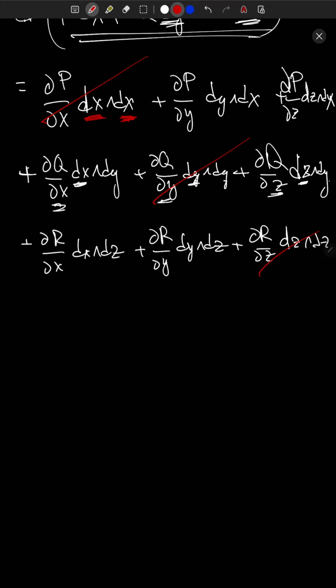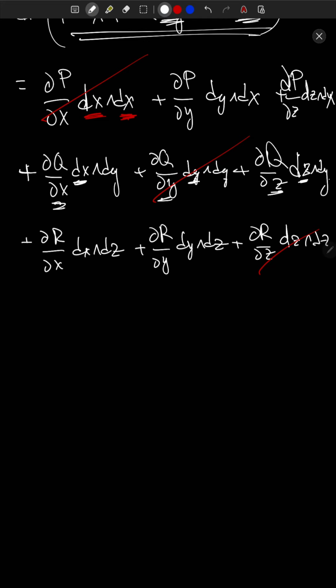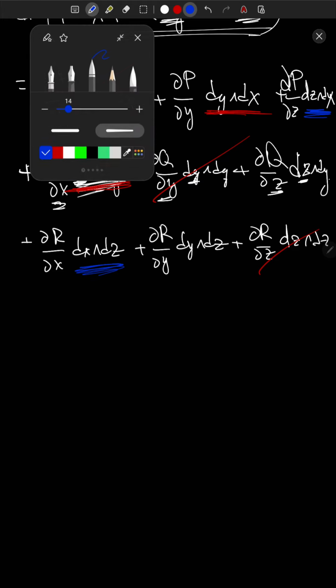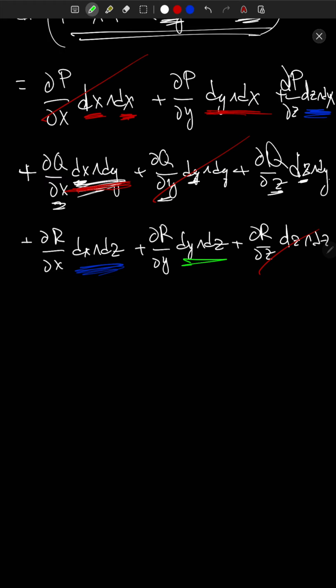Ultimately, we can combine a lot of the other ones too, because dx wedge dy can be combined with dy wedge dx, since dy wedge dx is the negative of dx wedge dy. Let me underline these. We can do it for these two. We can do it for dz wedge dx, which is the negative of dx wedge dz. And finally, dz wedge dy is the negative of dy wedge dz.